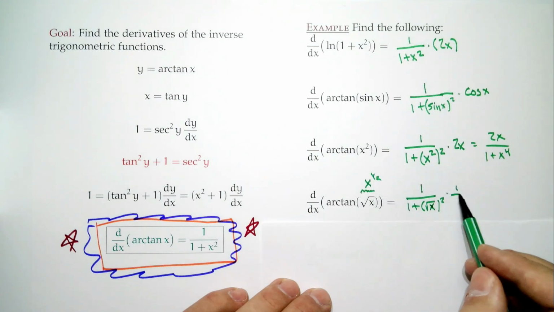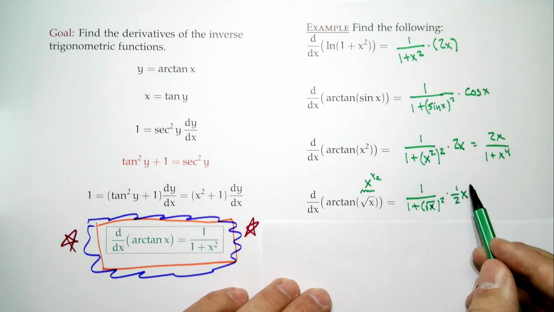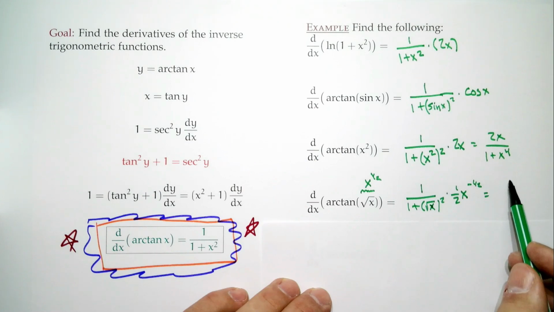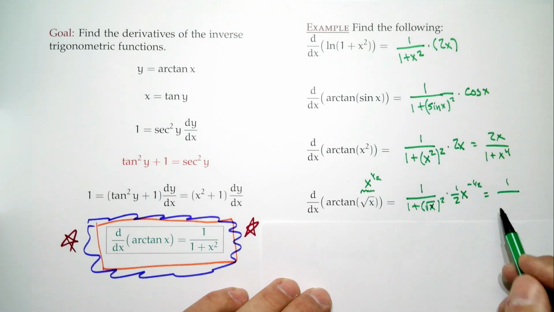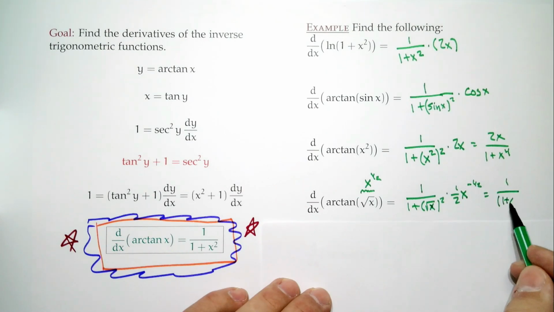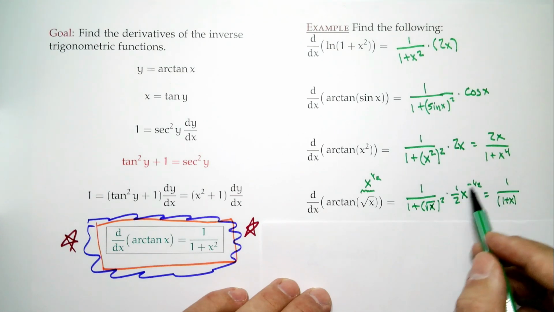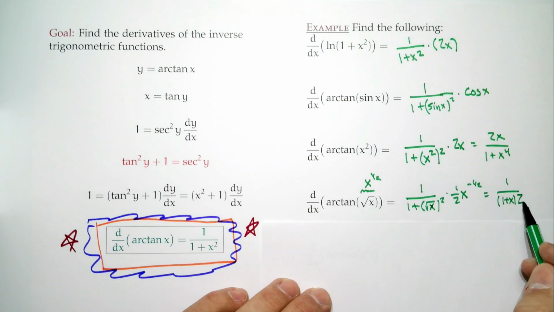So the derivative of the inside is 1/2 x to the negative 1/2. Now, if you clean this up, 1 plus square root of x squared becomes 1 plus x. Then there's a 2 from this half, and this negative means that you move it downstairs, so it becomes 2 root x.